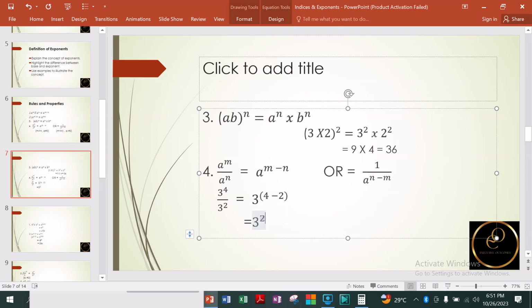So 3 squared will be 9. Do you see that? So that's the answer. Or you can write it in this manner. Instead of using this, it can also be written as this to be the same thing.